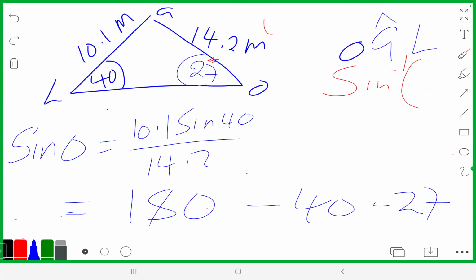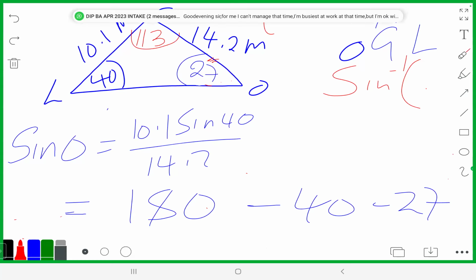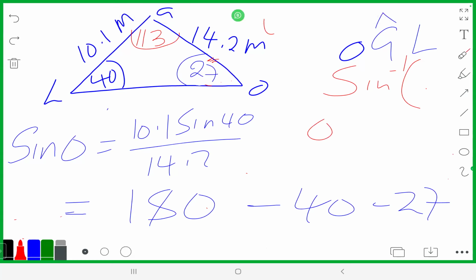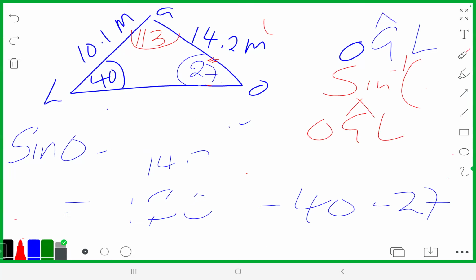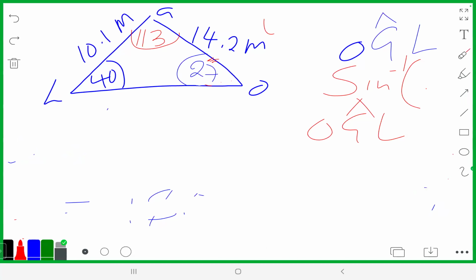What do you find? 113. Yes, that is angle OGL. Is that clear? So this question was a bit tricky. It was not very straightforward.